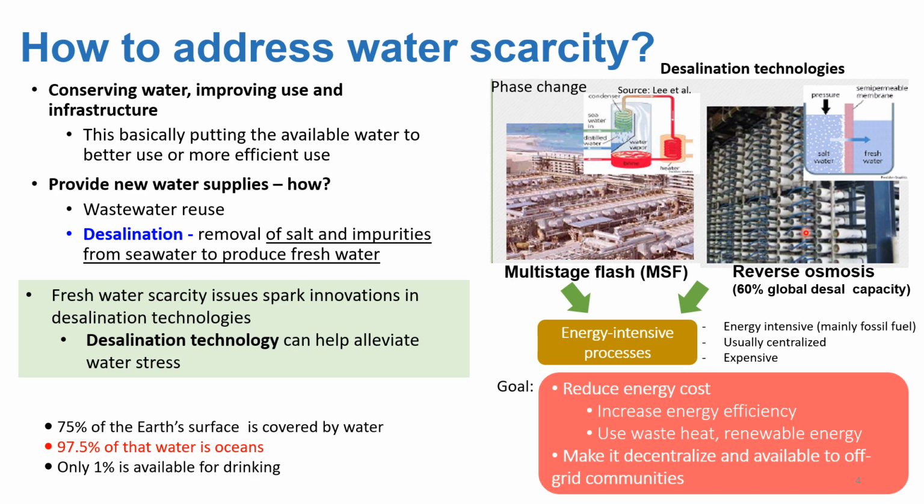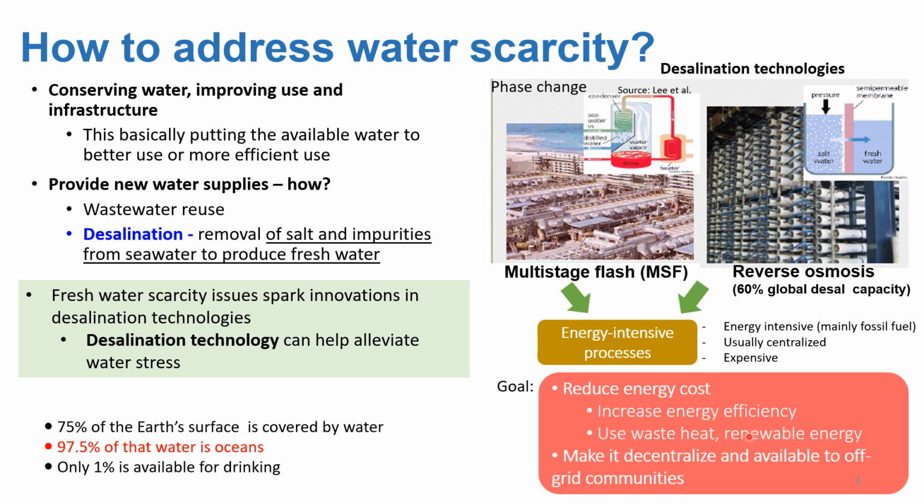Hence, there is a need to find alternative desalination methods that have lower overall energy cost and still have high efficiency. This could be done by using renewable energy as well as waste heat reuse. If you have other sources of energy, then possibly you can reduce your energy cost.